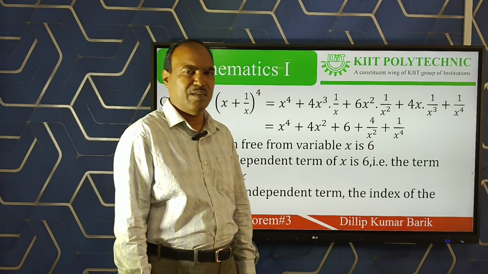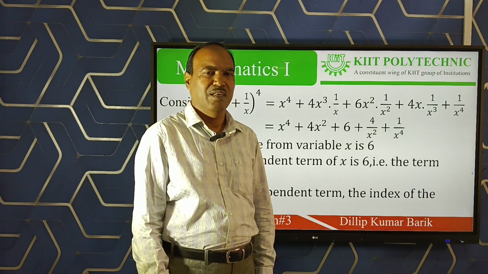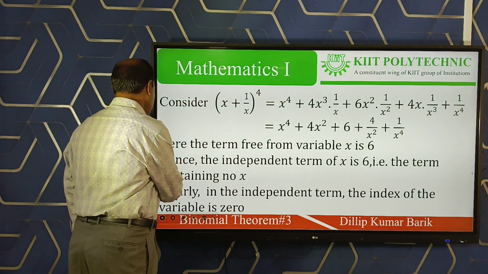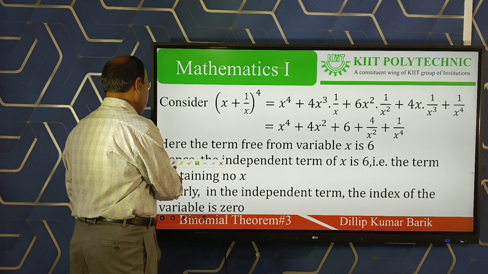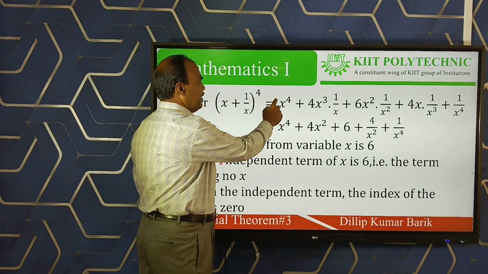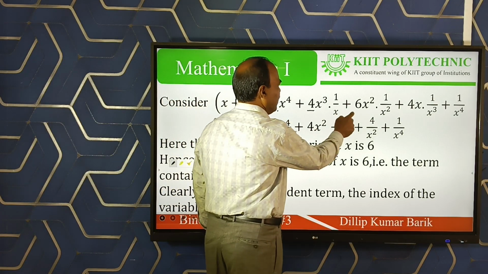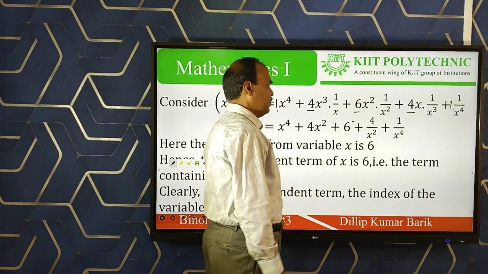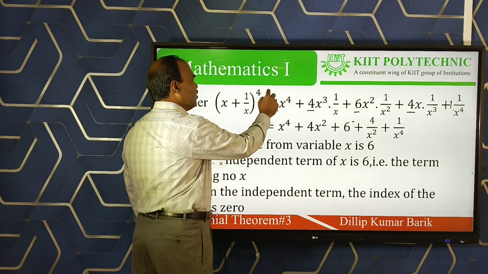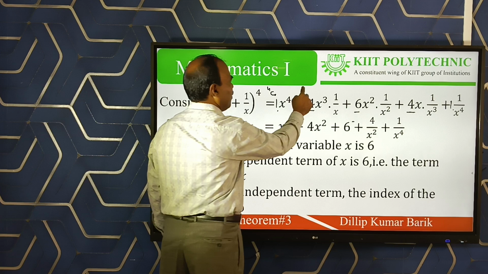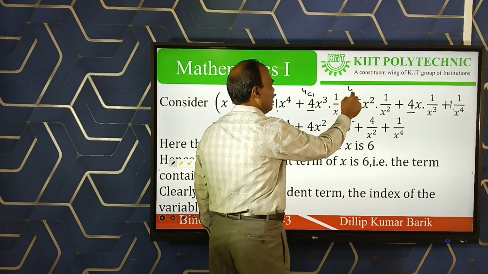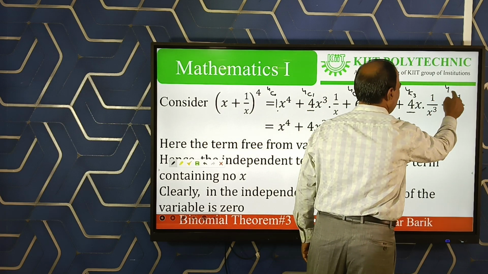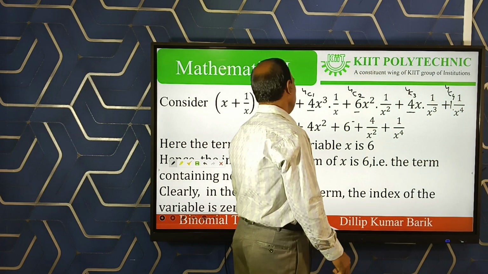Using either Pascal triangle to find the coefficients, or using combination notation, here see 1, 4, 6, 4, also 1. 5 terms. 1 can be written as 4C0, this is 4C1, 4C2, 4C3, and the last one is 4C4.